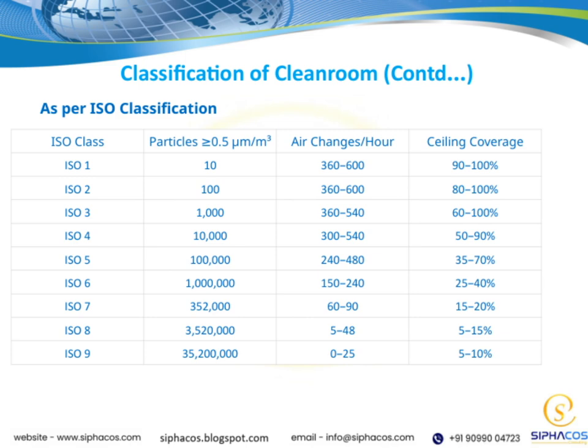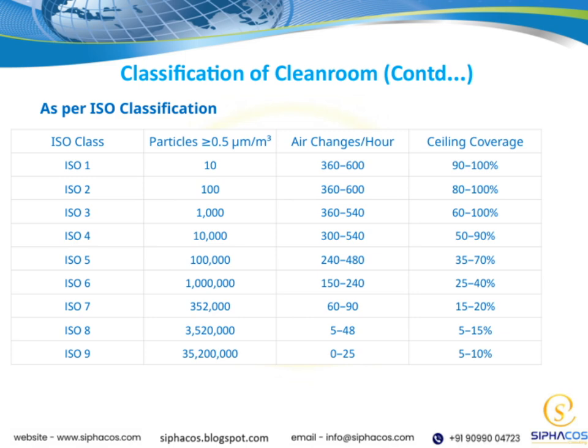The table also shows the recommended air changes per hour, which vary depending on the class. For ISO 1 and 2, you need between 360 and 600 air changes per hour to maintain the cleanliness standards. Ceiling coverage is another important factor, indicating how much of the ceiling area should be covered with HEPA or ULPA filters to ensure proper air filtration.